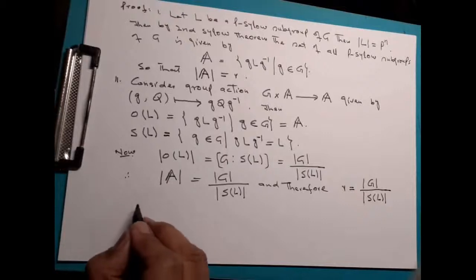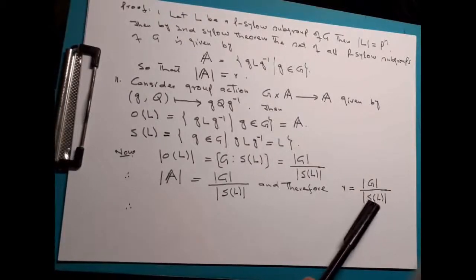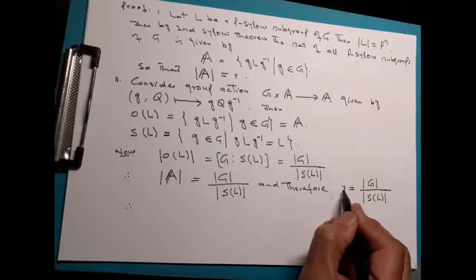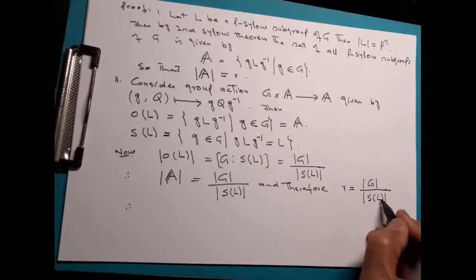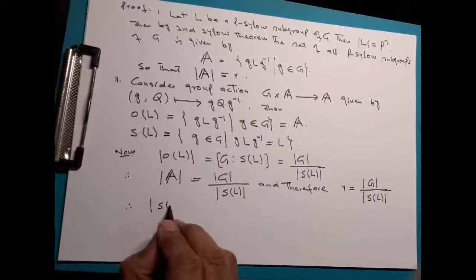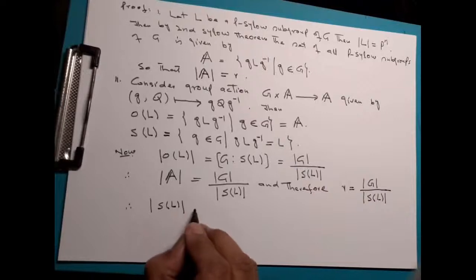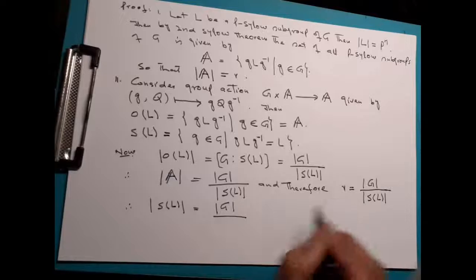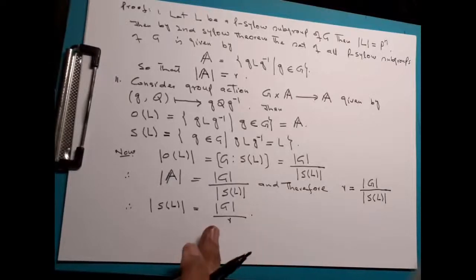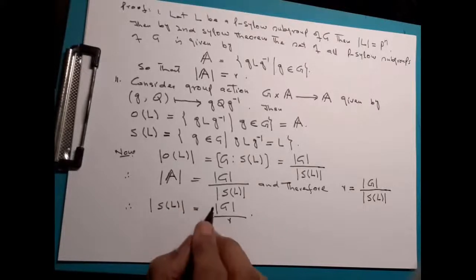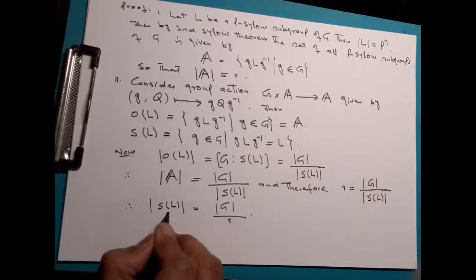And therefore, we can bring the order of SL to the left hand side, and we can take R to the denominator. So therefore, the order of SL is equal to the order of group G divided by R. And therefore, R divides the order of G, because R in the denominator of the order of G gives the order of SL.